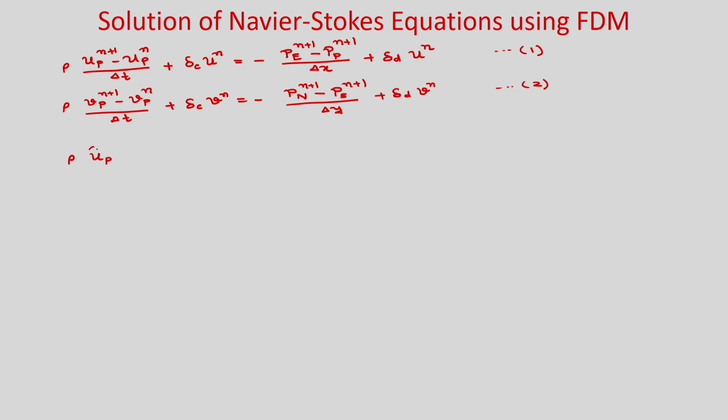We will get some provisional velocity, (u tilde minus u_P^n) divided by delta t plus delta c u^n is equal to minus, so pressure now we are taking from the nth time level, that is why we are writing this tilde velocity, which is your provisional or predicted velocity from the previous time level pressure.